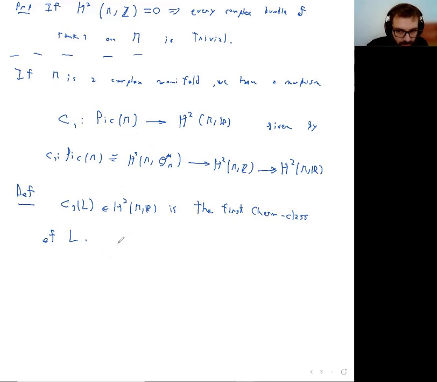So in particular, observation, if you take the first Chern class of a tensor product of line bundles, what you get is the sum of the Chern classes. So C1 is actually a morphism of groups.